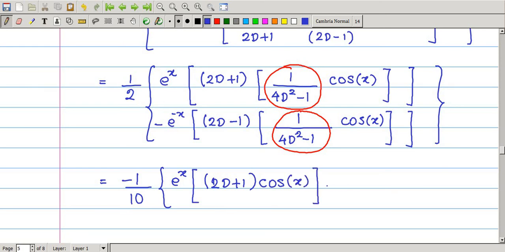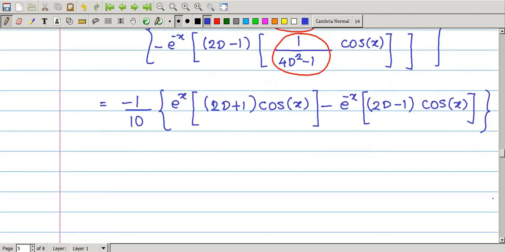this minus sign, e raised to minus x into 2d minus 1 into cos x. Now we take this multiplication, so we operate 2d minus 1 on the trigonometric functions.